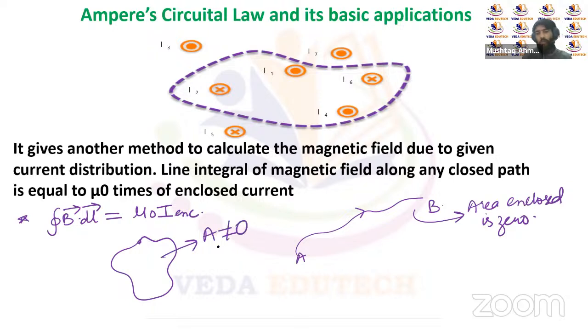So closed paths always enclose some area. Similarly, we have closed volumes, a closed surface. In the case of Gauss law we discussed, it was applicable for closed surfaces. We applied that for closed surfaces.